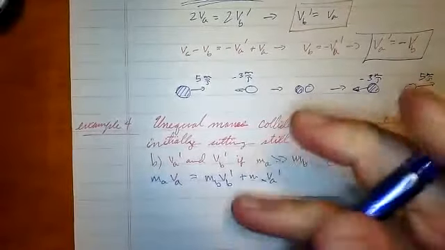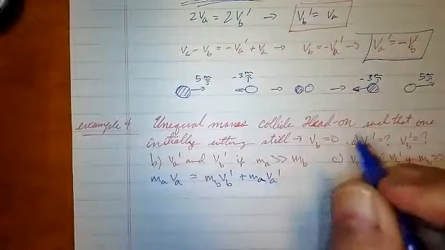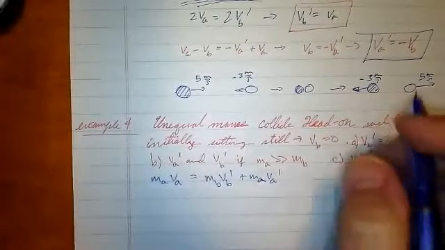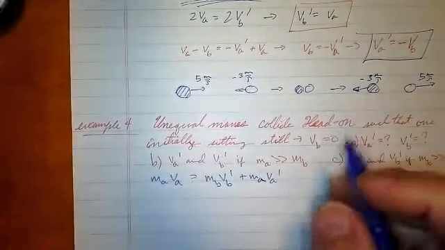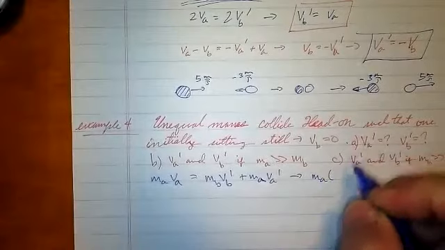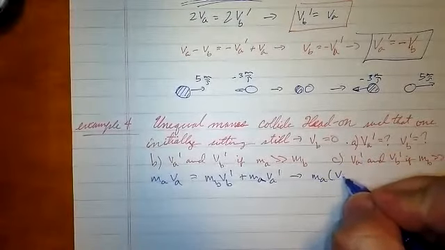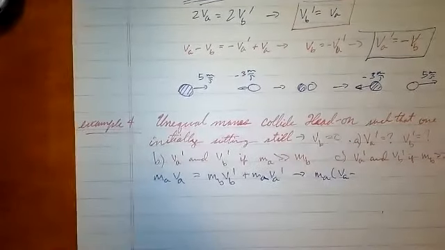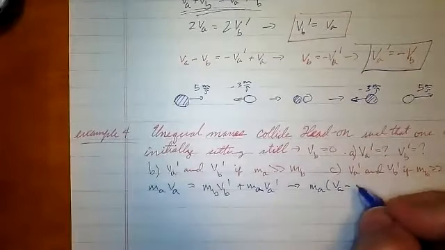I don't know why I wrote them in a different order, but I did, because I'm a goober. Okay, so that's one equation we can make use of. And in fact, I'm going to try to get it in a form like I did before. I'm going to say MA times VA minus VA prime.